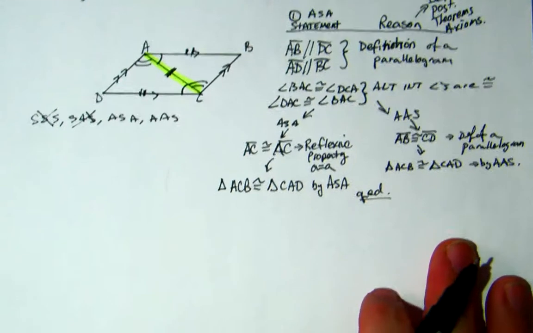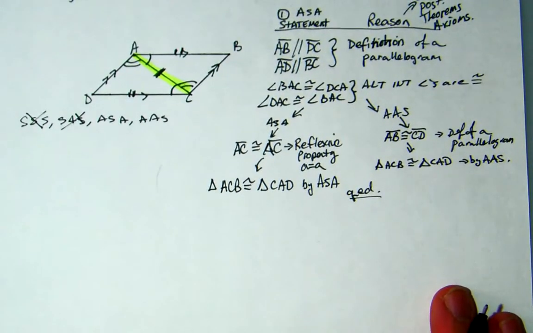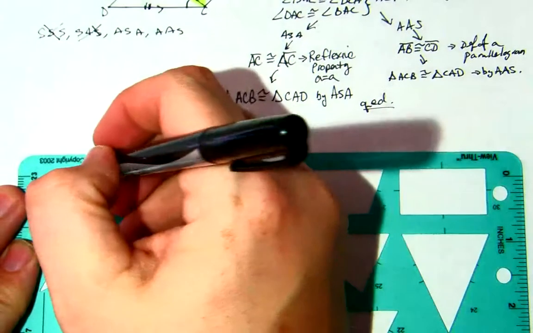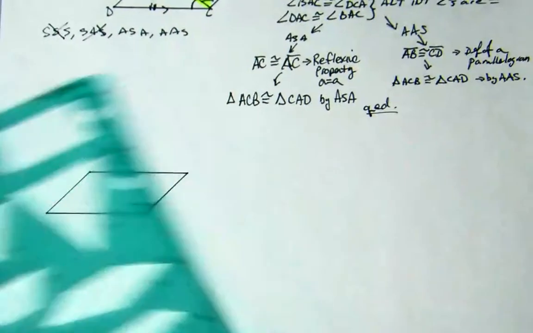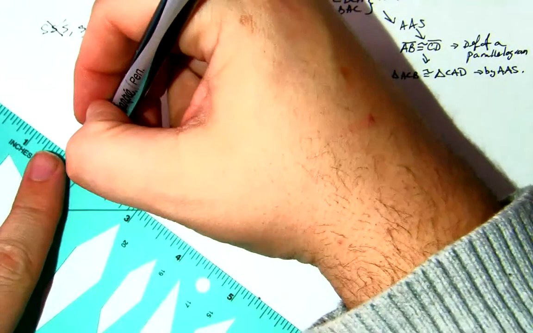Now, if you don't want to use angles, I'm going to have to draw a couple things for you. Let's draw another parallelogram. Let's go ahead and draw the diagonal.